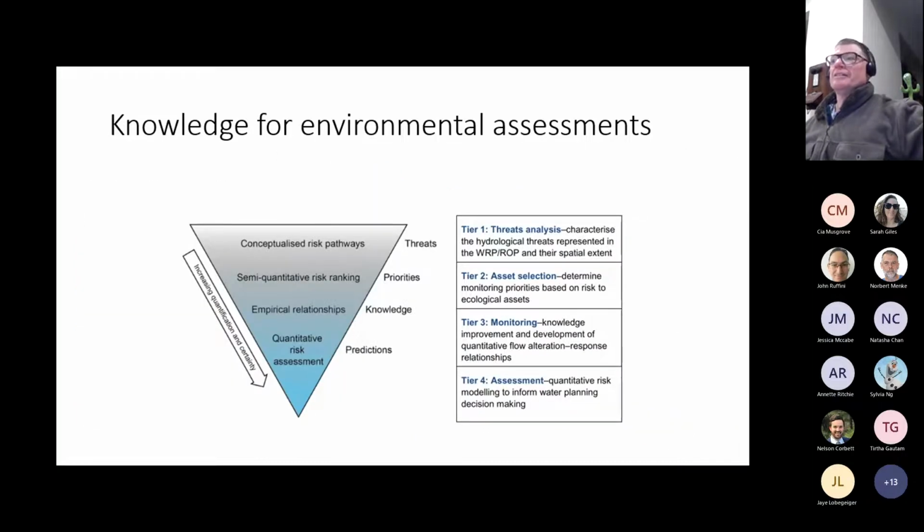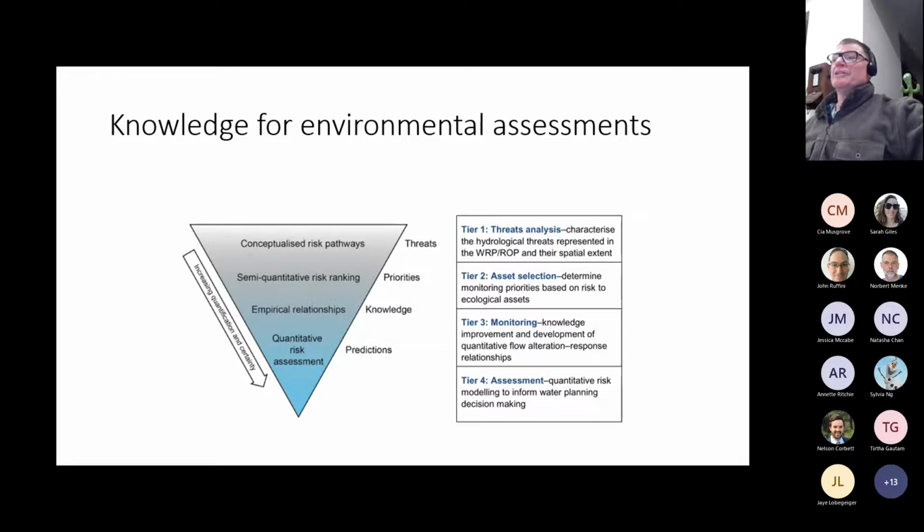There's a pyramid, an upside down pyramid of filtering that we go through in this process. So we start off with a threat analysis, which characterizes what are the hydrological threats to ecosystems in a particular plan area. How does that relate to assets that are potentially influenced by these threatening processes?